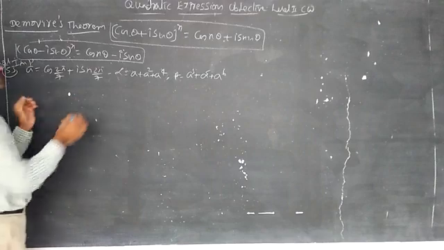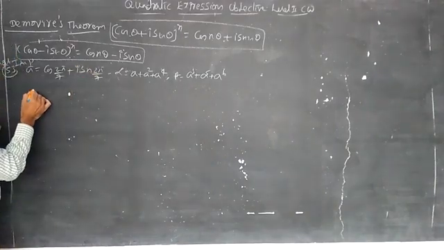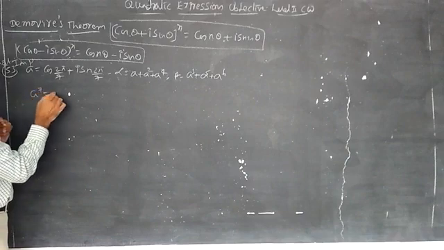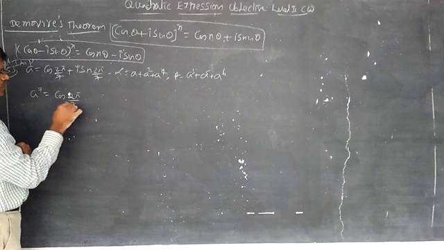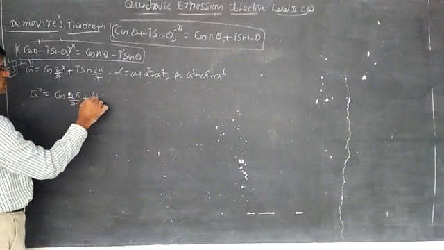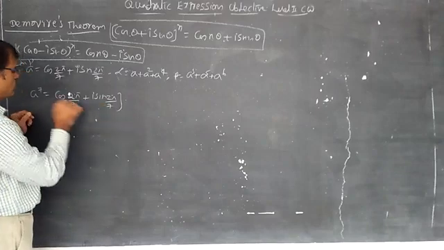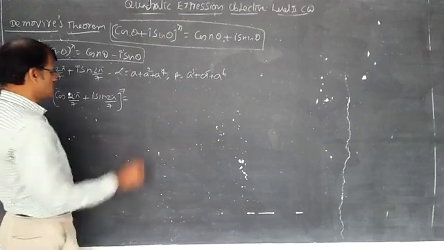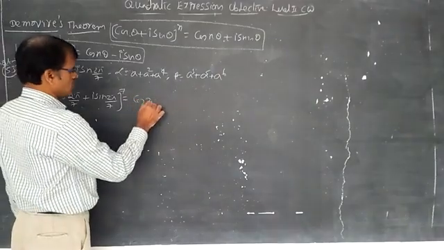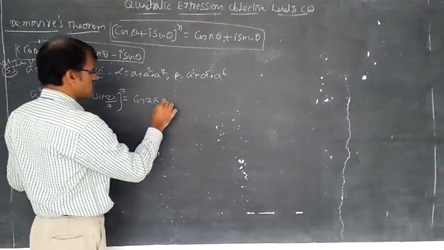a is cos 2 pi by 7 plus i sin 2 pi by 7. Now, a power 7 is equal to (cos 2 pi by 7 plus i sin 2 pi by 7) whole power 7. It just depends upon the De Moivre theorem concept: cos n theta plus i sin n theta.